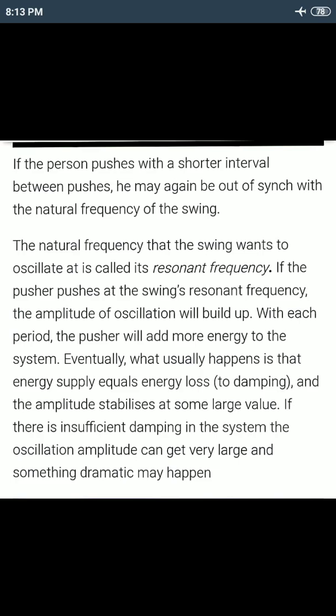When it is equal to the natural frequency of the oscillator itself, the amplitude of the oscillation is very large. Such oscillation is called resonant oscillation, the phenomenon is called resonance, and that frequency is called resonant frequency. Clear?